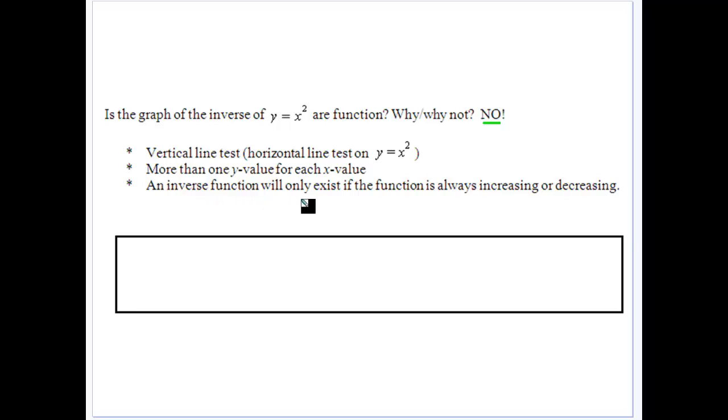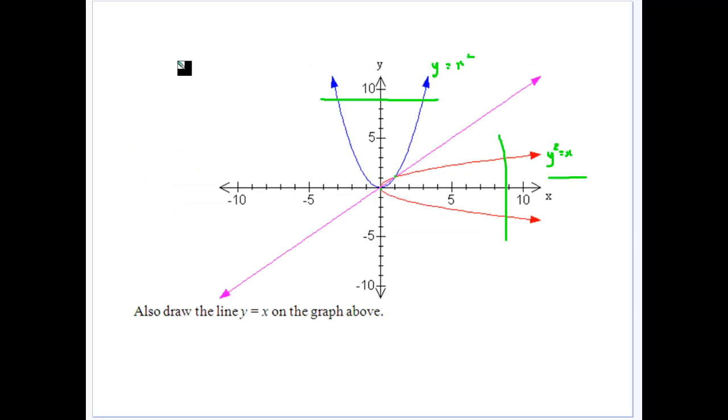An inverse function will only exist if the function is always increasing or decreasing. If it increases and changes, so if it does have some sort of stationary point and it does change and have a maximum or minimum turning point, it won't have an inverse function.